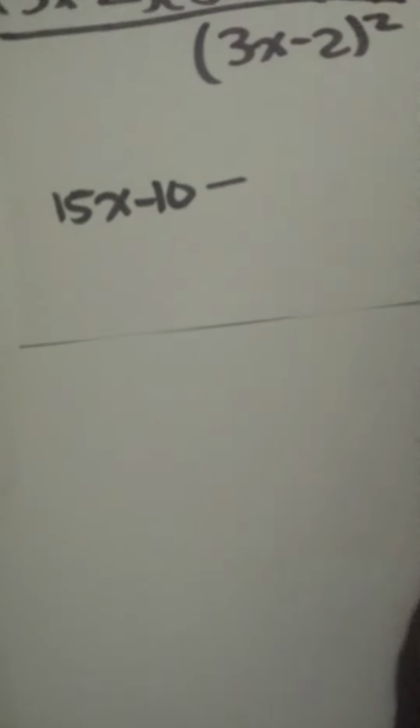Negative 2 times 5 is minus 10. Minus 5x times 3, which is 15x. All over, what is that all over? Again 3x minus 2 squared.